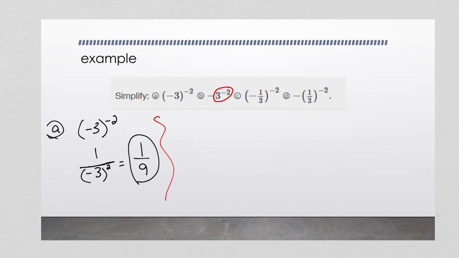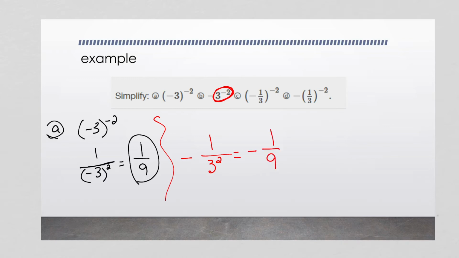It's just going to stay out front, okay? It's just going to stay out right there next to that fraction bar, okay? We're going to move this guy to the denominator, take away the negative in the exponent. You can't leave nothing in the numerator, so we're going to put a 1 there. And now this answer is negative 1 over 9.